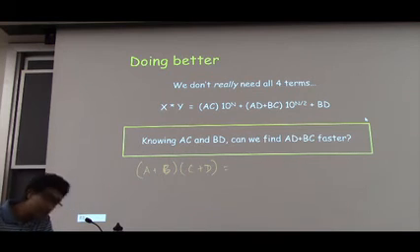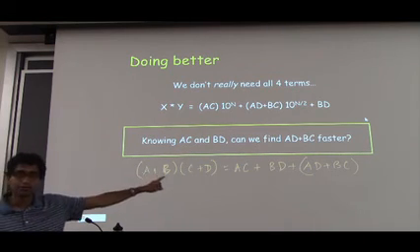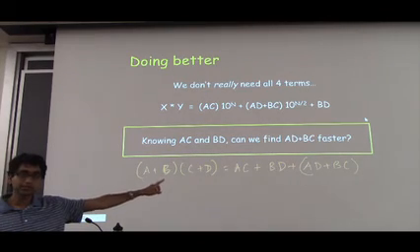So what is A plus B times C plus D? It's AC plus BD plus AD plus BC, right? Note that AD plus BC is exactly the kind of term we want. So this is great.